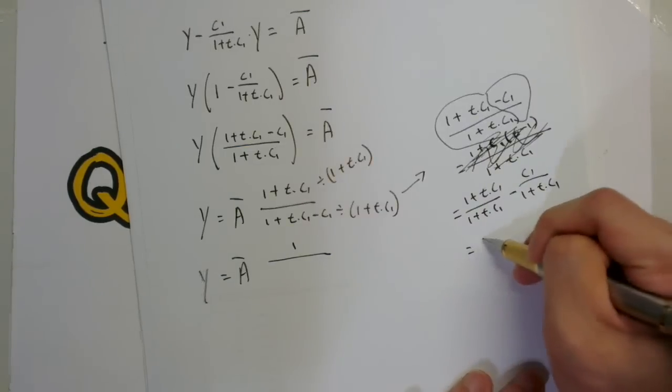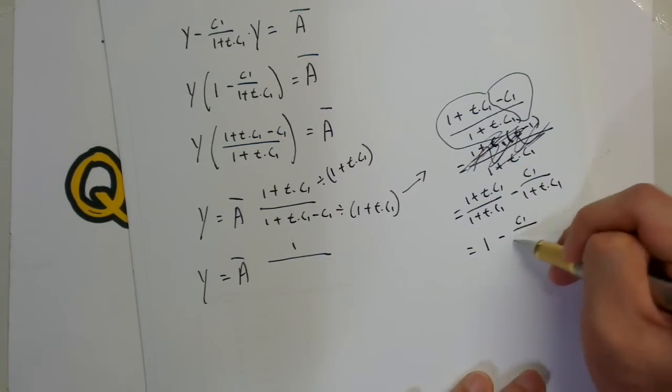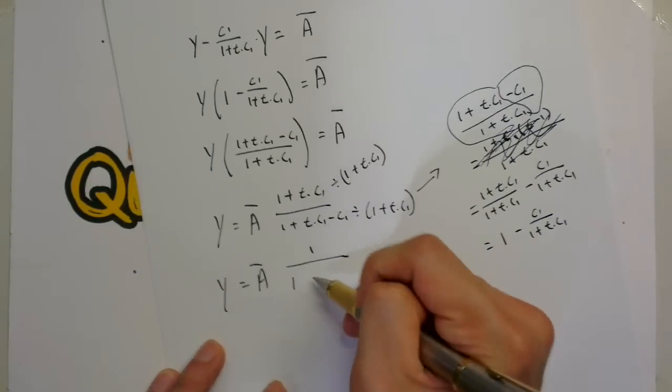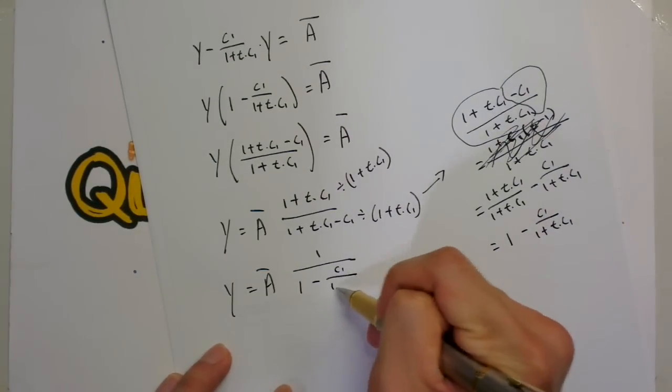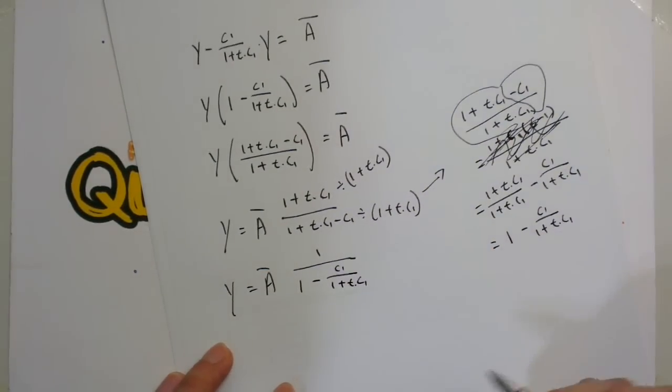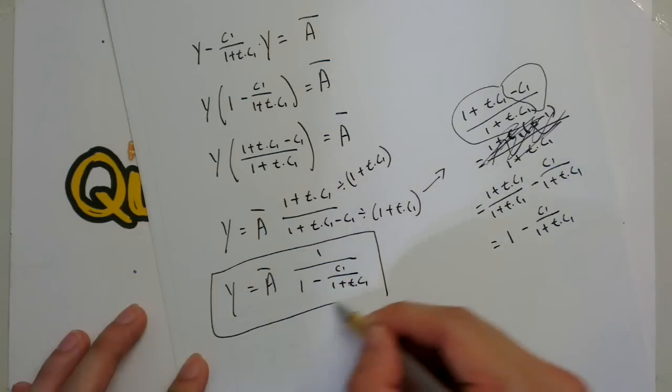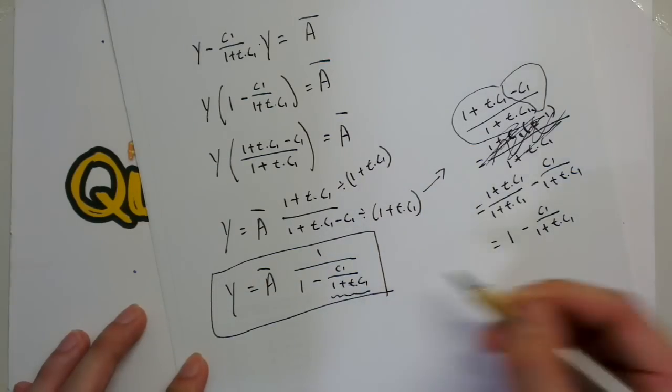So this equals to 1, and this is simply this. And ta-da, we've got the multiplier, which looks a little bit more friendly to the eye right now. Alright, great. This is the multiplier, right? So basically our focus will be on this thing over here.